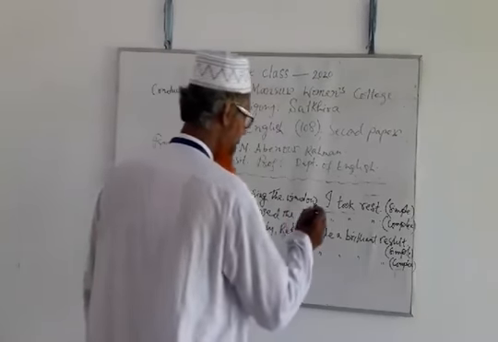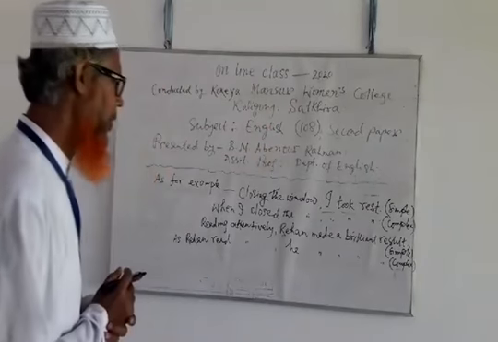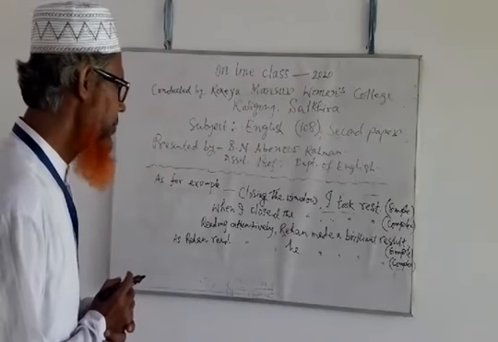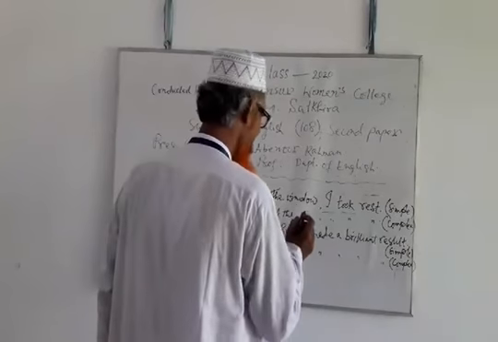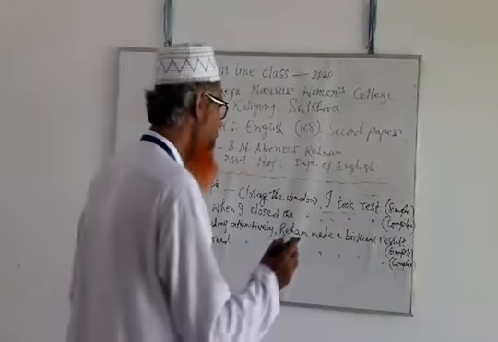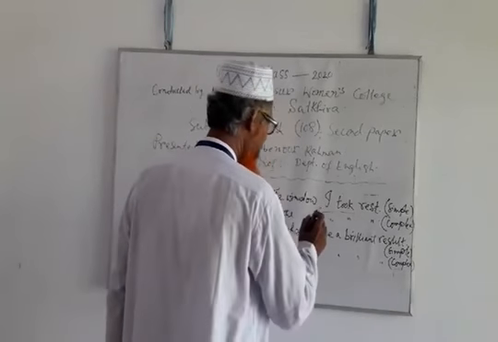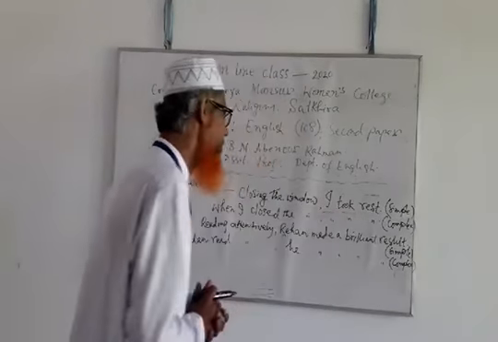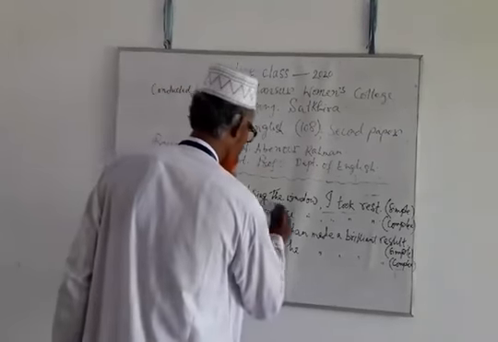And it's the main clause. So when we change this simple sentence into a complex one, this main part will remain unchanged and it will act as the main clause. The other part is closing the window.